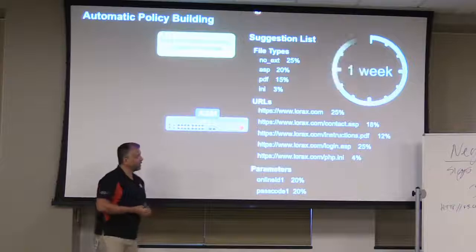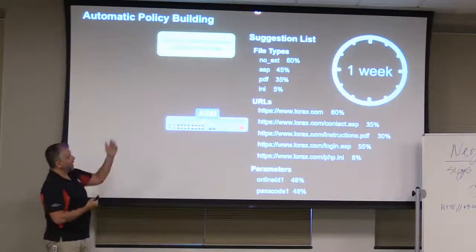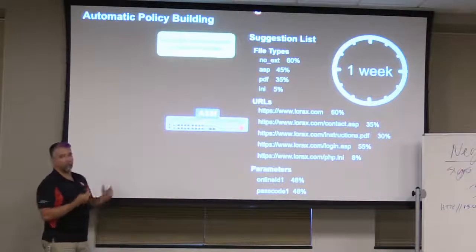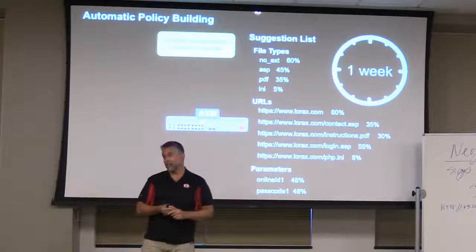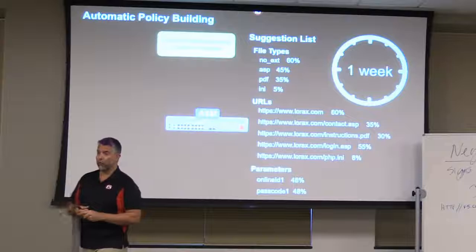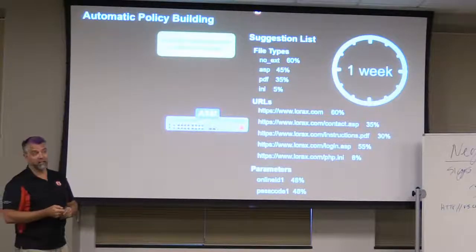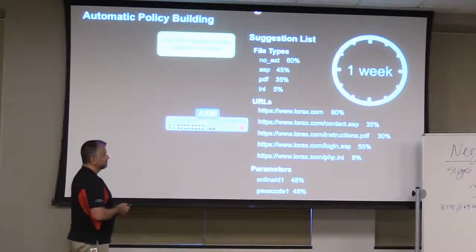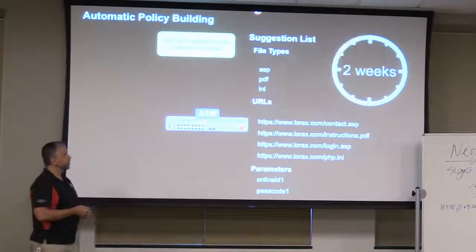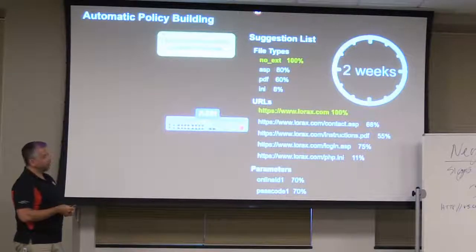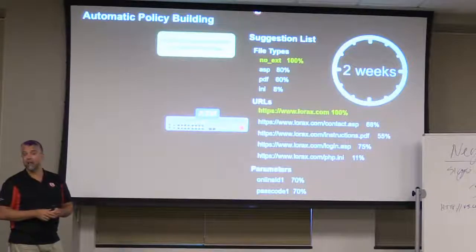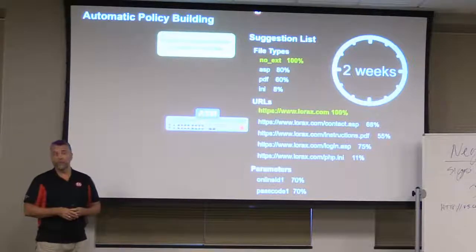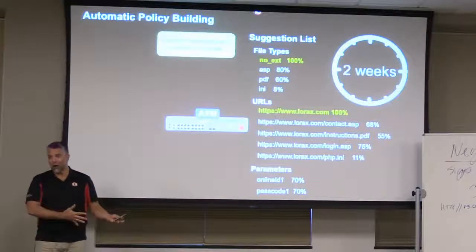Which is why, even after a week, my ASP and no EXT are up 45, 60%, but the .ini file type is still very low because not a lot of people are actually requesting that file type. And now we're at 2 weeks, and now a couple of suggestions have finally hit 100%. This is where the main difference is between manual and automatic.